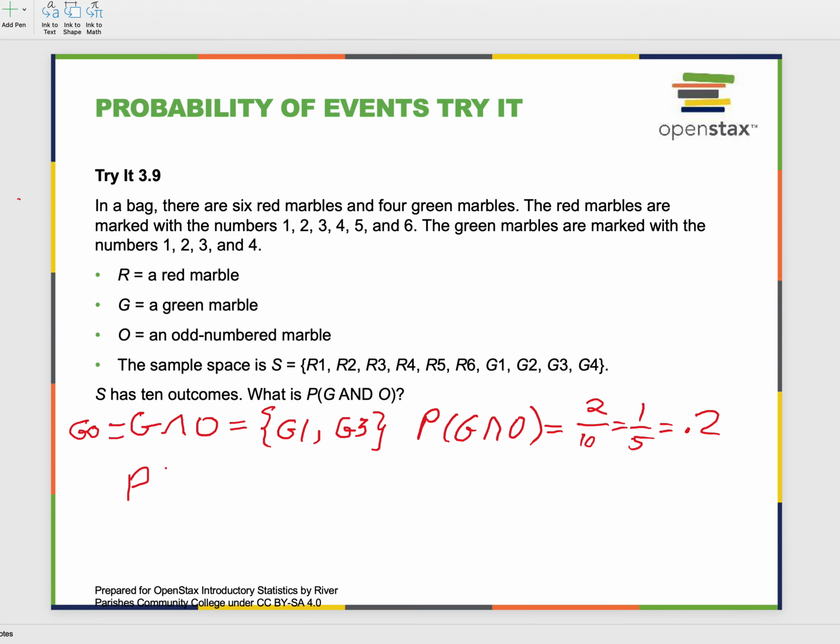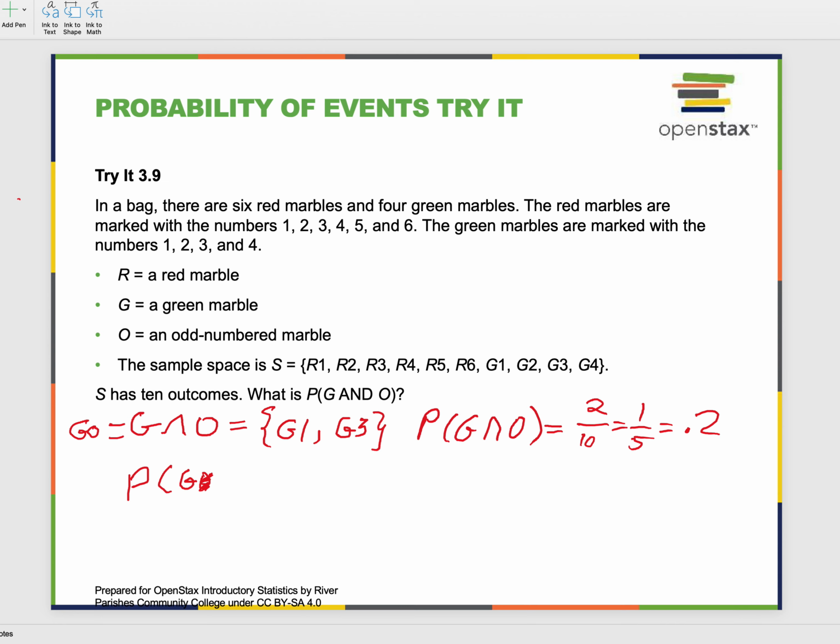What's the probability of green, sorry. Let's erase this a little bit first.